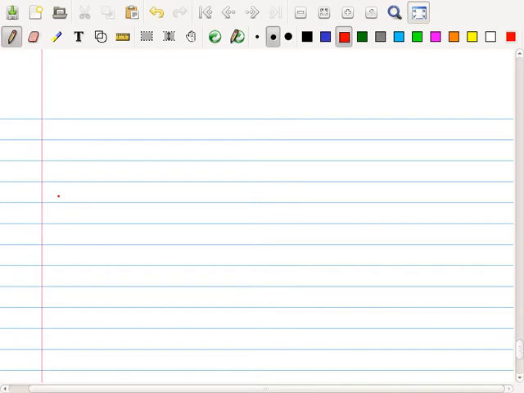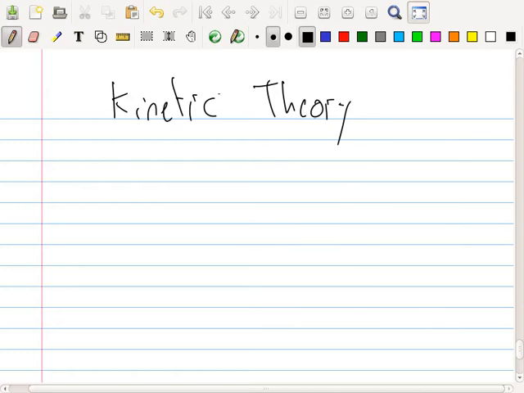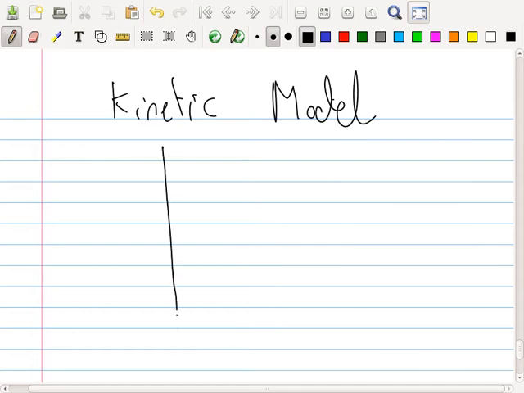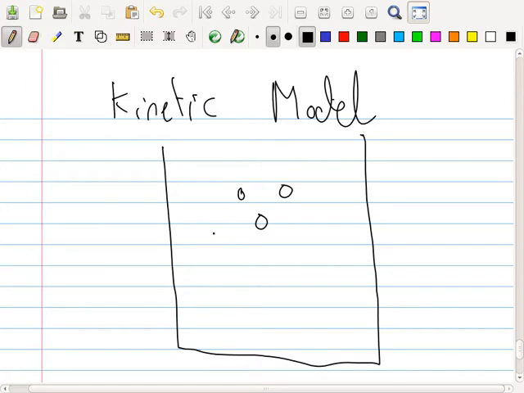All right. Now, what I want to do with you now, kinetic theory, or kinetic model, actually. Model. Okay. So here's our container, and it's a gas. And we'll talk more in a moment about gases and solids and liquids.